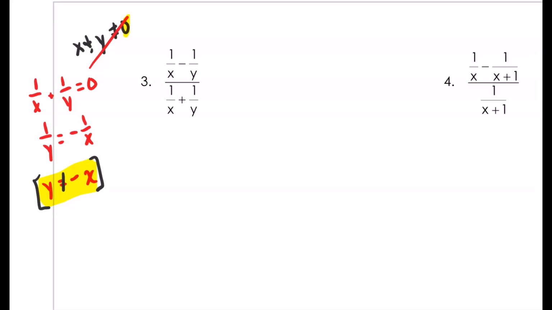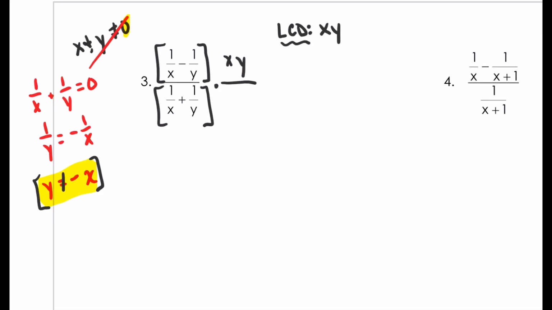All right, going back to the original problem, so my least common denominator here, this one's kind of easy, is xy. So my entire numerator multiplied by xy, and then same thing on my denominator. And again, be mindful that you're doing a distributive property each time.